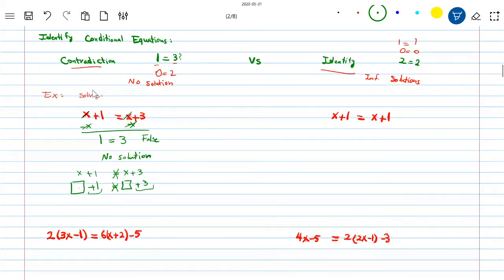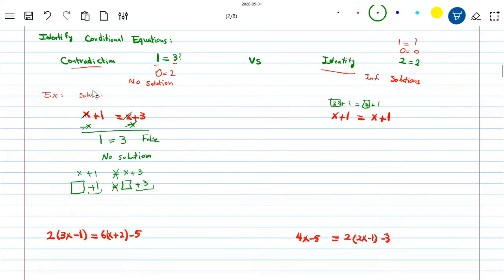On the other side, if you look at the other equation, x plus 1 equals x plus 1, you can think about it already as box plus 1 equals box plus 1. You see that this is the same expression on both sides of the equality. Means whatever I replace here, 2 plus 1, 2 plus 1, true. 3 plus 1, 3 plus 1, true. 3.2 plus 1, 3.2 plus 1, all those numbers are possible.